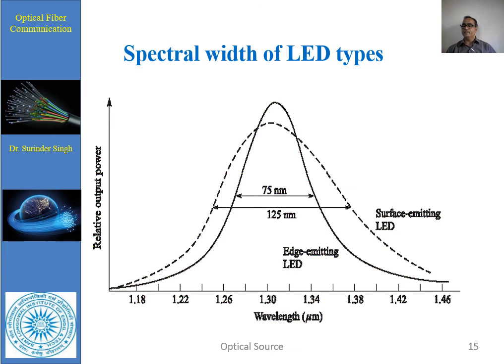These material combinations are used, and the operating wavelength range is from 800 to 900 nanometers. This is the relative output power for the maximum output of the LED light source which is used.